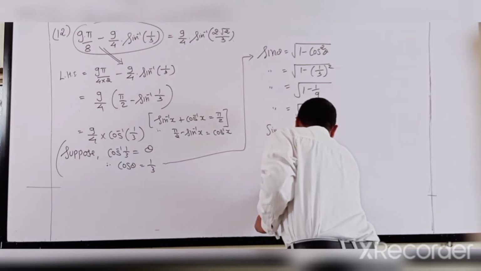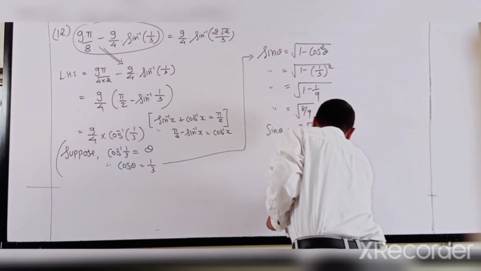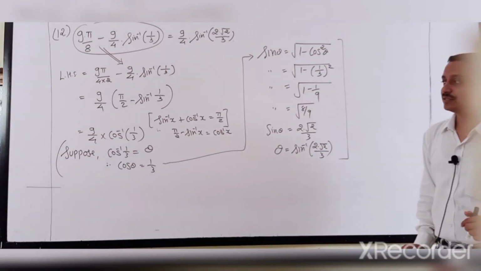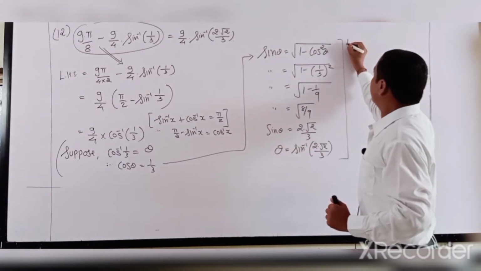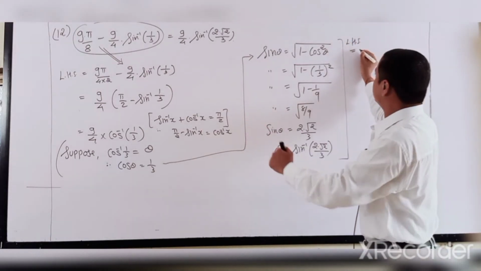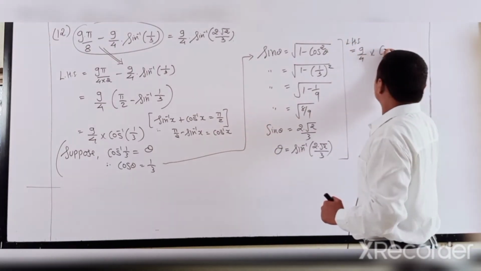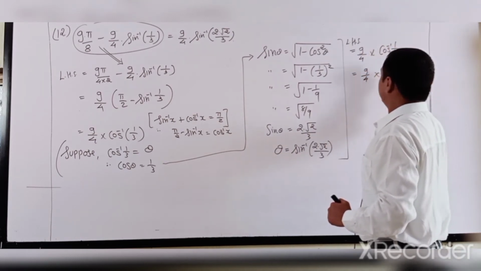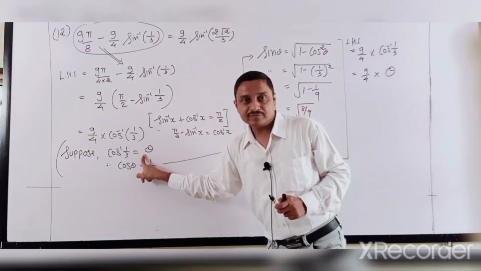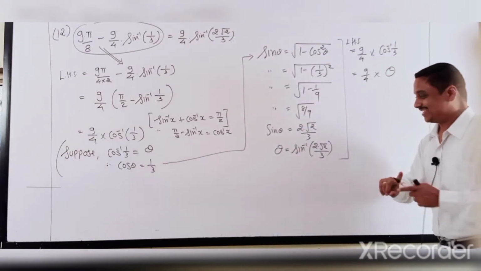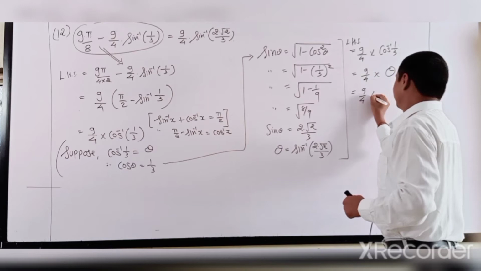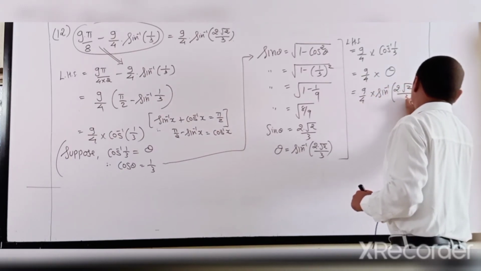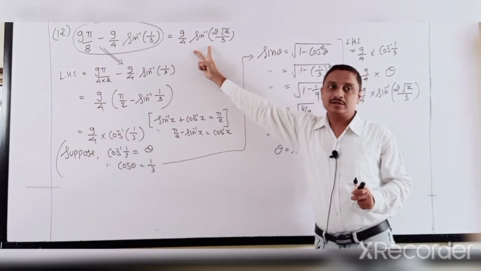It is sin inverse 2 root 2 by 3. So in our LHS steps, I followed 9 by 4 cos inverse 1/3, that value already I suggested here, students, theta. And what is my theta? Yes, sin inverse 2 root 2 by 3, and that's your RHS.